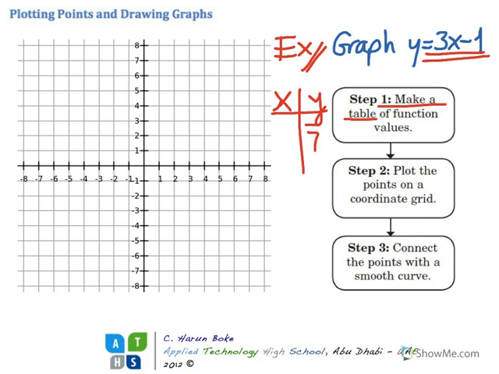In the second step we are going to plot the points which we find on the table. And in step 3, we are going to connect or join the points so that we have the graph of this function.